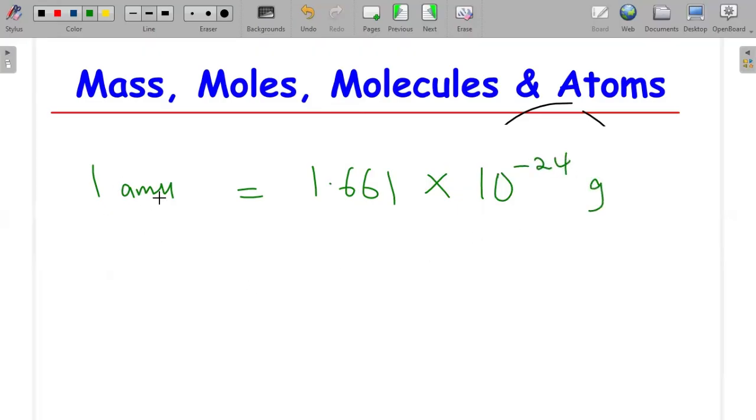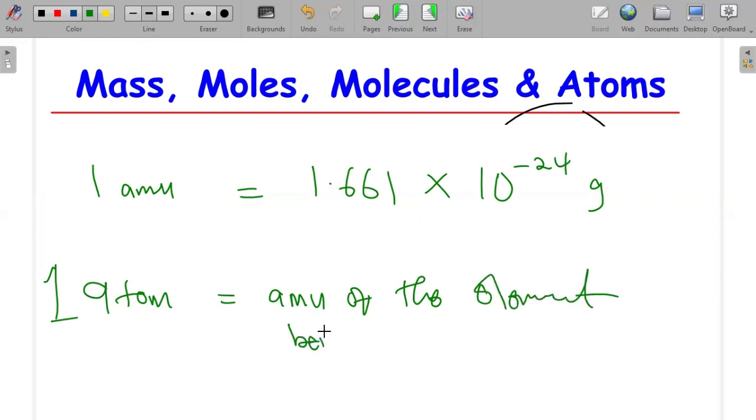So 1 atomic mass unit is equivalent to this mass here, which is 1.661 times 10 to the power minus 24. And then also we have to know that 1 atom has a relative atomic mass of that same element that we are dealing with, the atomic mass unit of the element being considered.